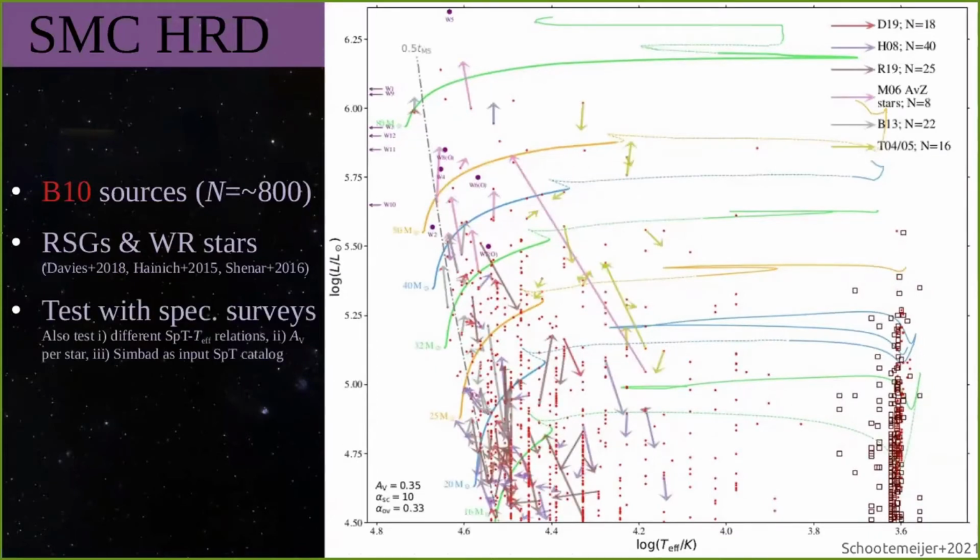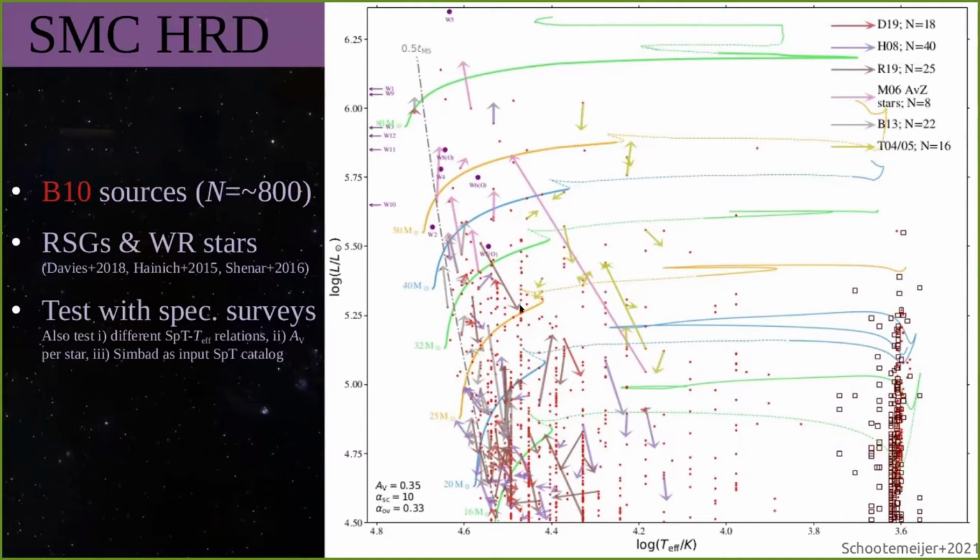One thing is that, as promised, I will check if the temperatures and luminosities that we use with our method make sense. For a subset of the stars in the B10 catalog, there are available estimates for the temperature and the luminosity. For example, D19 is Dufton et al. 2019, R19 is Ramachandran et al. 2019, Mokiem et al. 2006, and a few others.